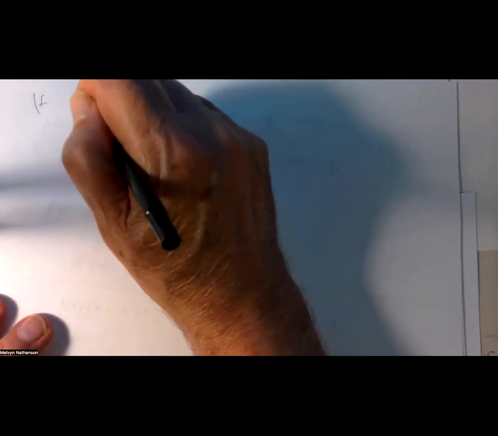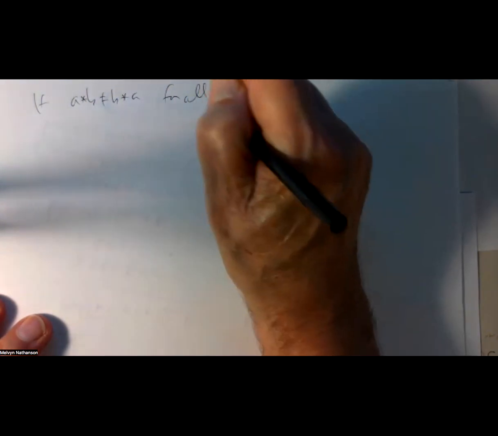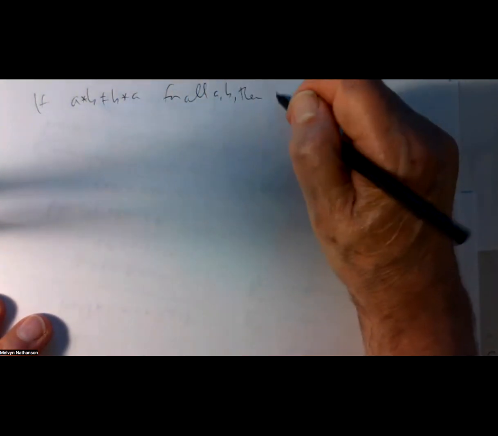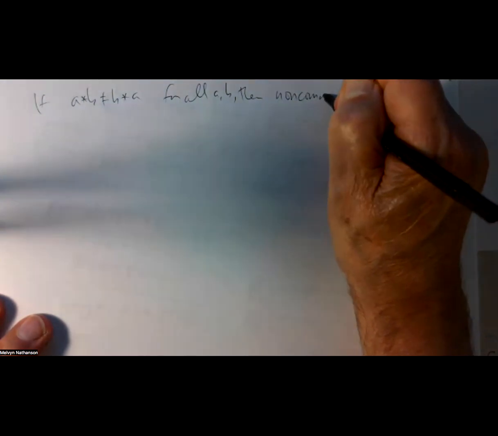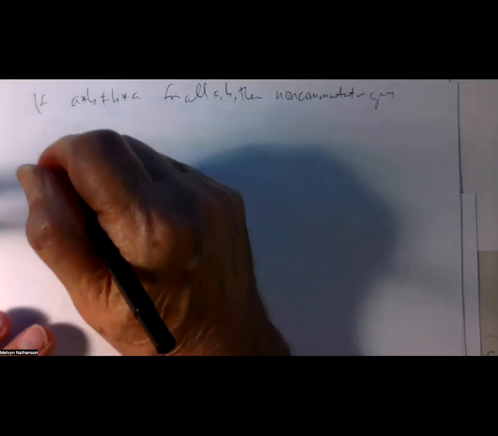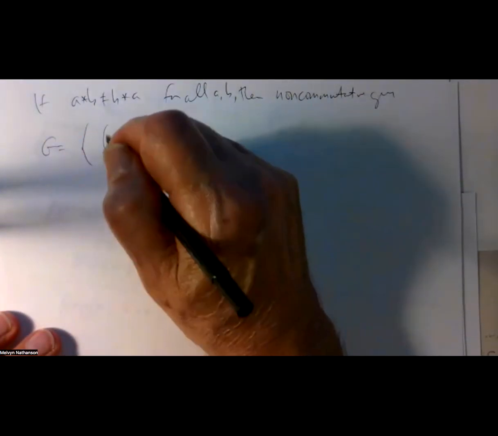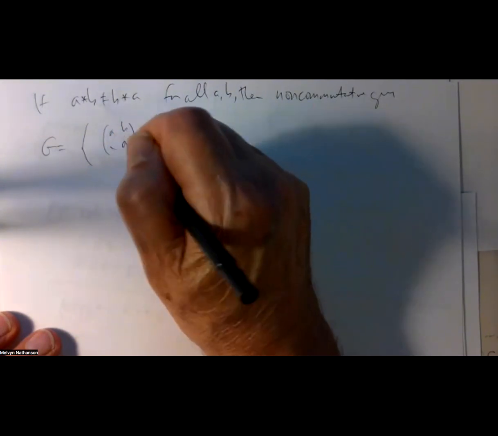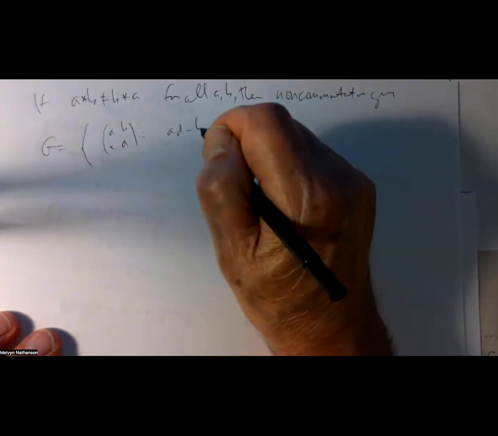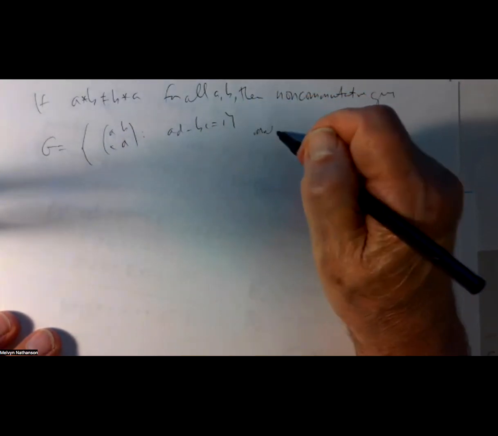If A star B is not B star A for all A and B, then we have a non-commutative group. That rule doesn't always have to hold. So for example, if you take G to be the set of all matrices (A, B, C, D) where the determinant AD minus BC is 1, this is a multiplicative group.